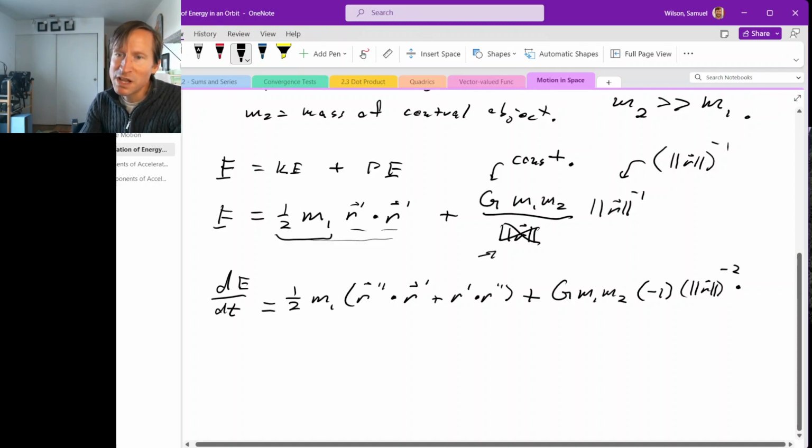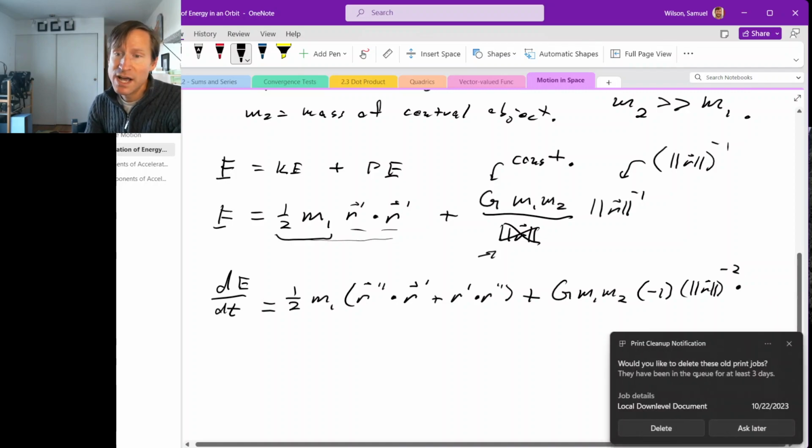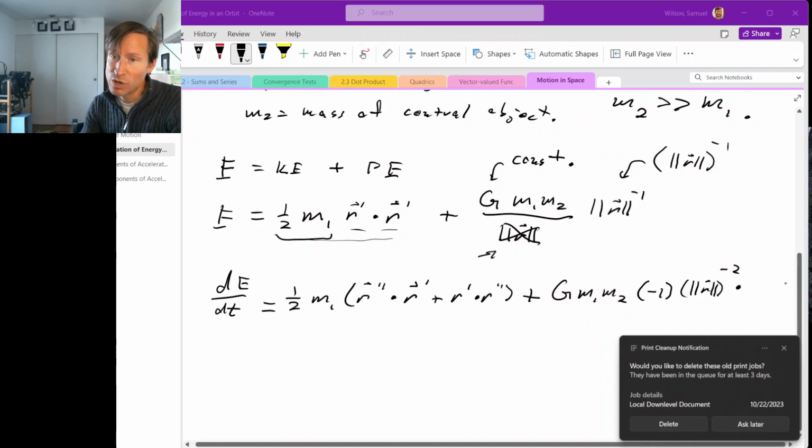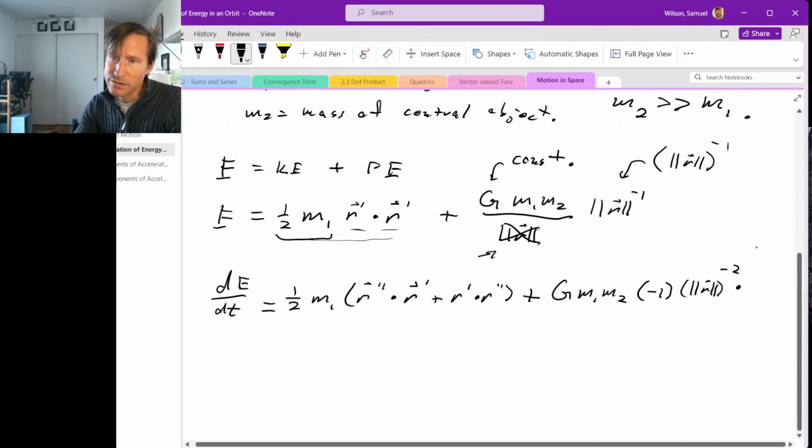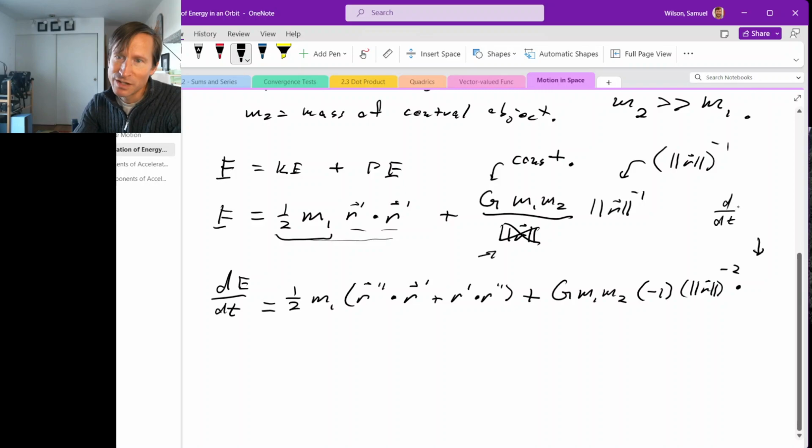And now we have to multiply by the derivative of the magnitude of r. This is something that we have worked out before. What I'm about to write down here is just the derivative of the magnitude of r. And remember, we worked this out by taking the derivative of the square root of r dot r. So the result that we got is r prime dot r over the magnitude of r.